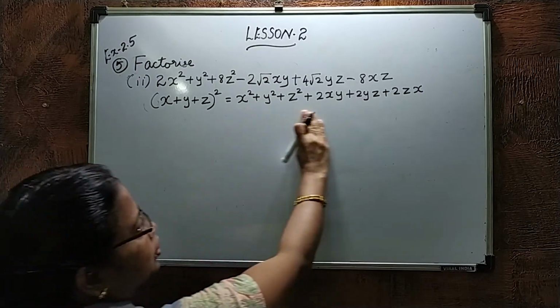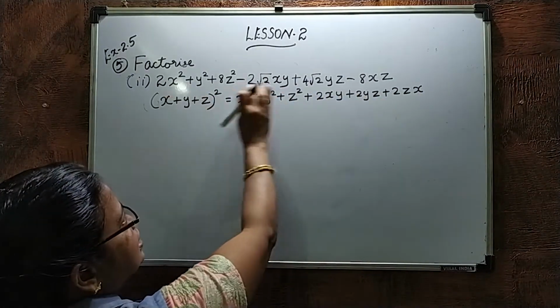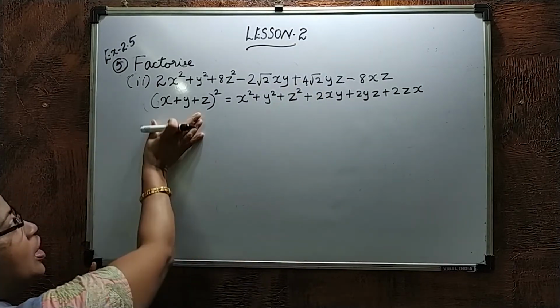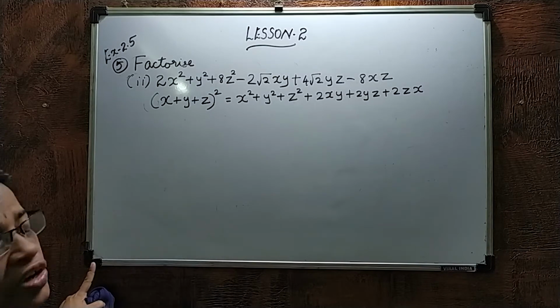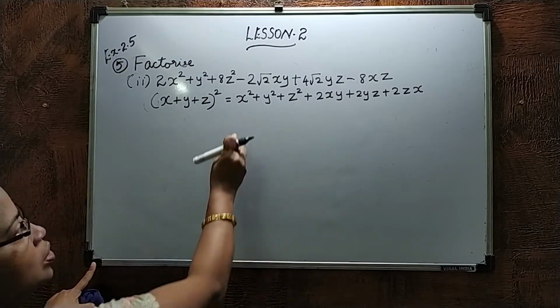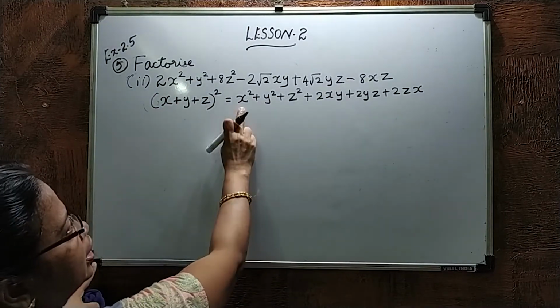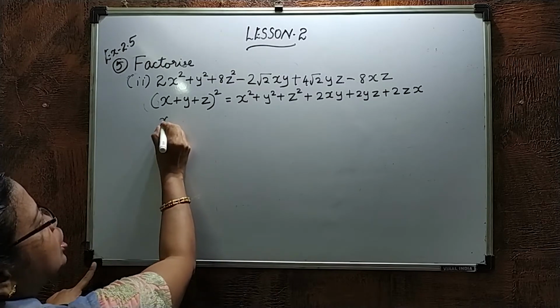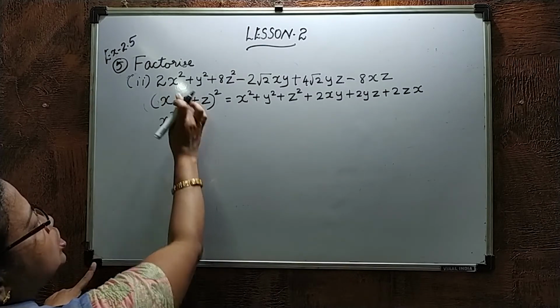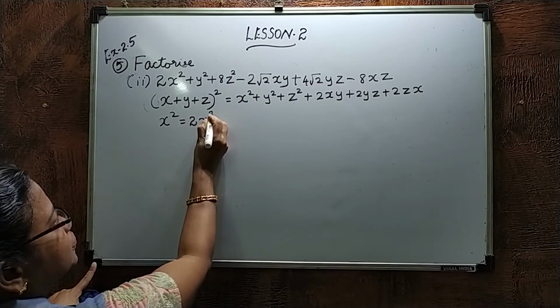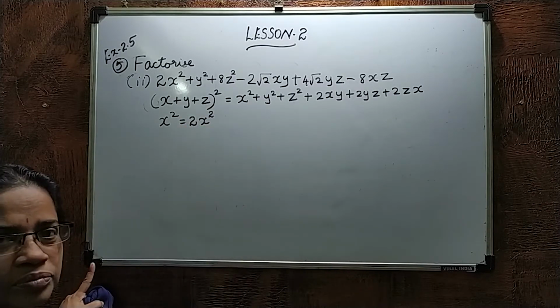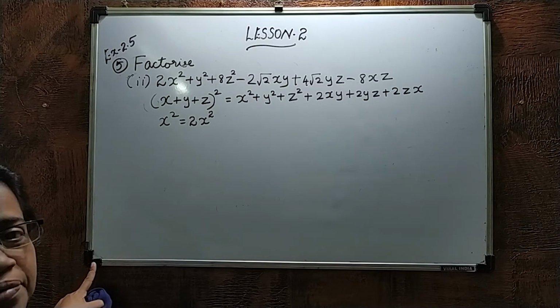Now what is the next step? They have given you the RHS, right hand side. You have to find out the left hand side. Clear? So how will you find out the left hand side? You have to substitute each one. X square means, first term, it is 2x square. So x square is equal to 2x square. How will you find x then?